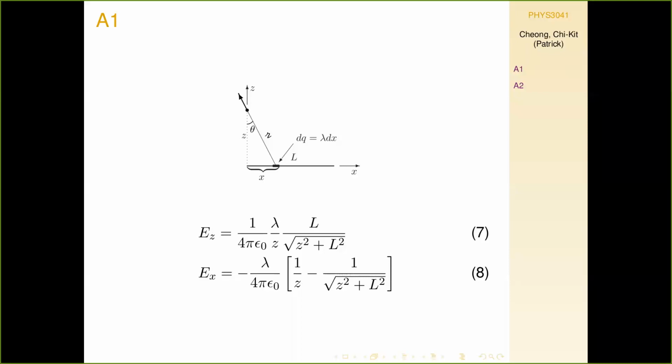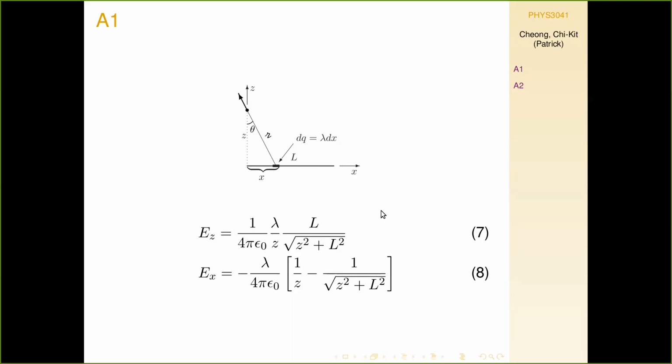So this is the basic process, or routine, of how we obtain the electric field from a given charged source.